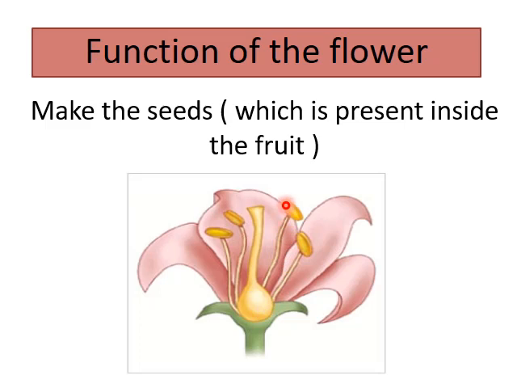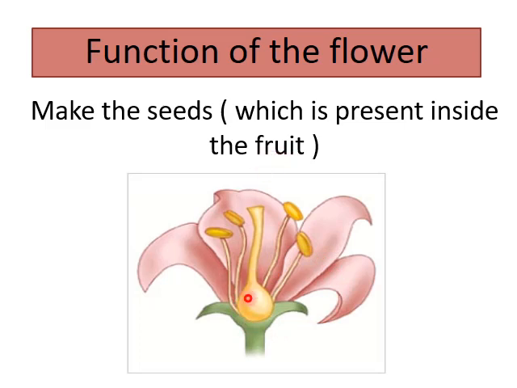When the reproduction of the plants occurs, this fat part of the female organ starts to form seeds inside it, and it gets swollen and forms the fruit actually.